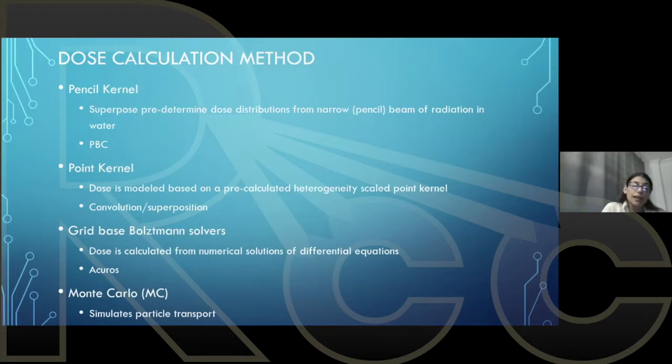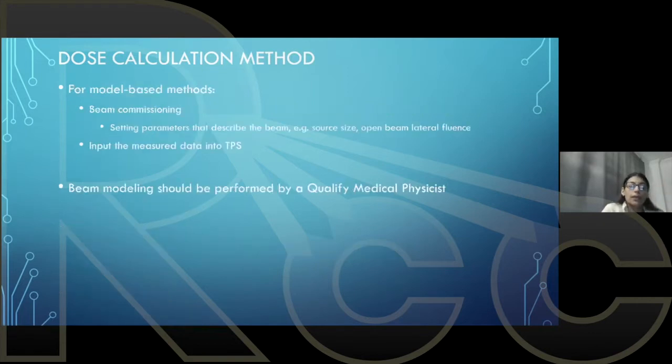And there is a newer one, the grid-based Boltzmann solvers, where the dose is calculated from numerical solutions of differential equations. An example is Acuros from Varian. And then we have the Monte Carlo, which of course is the most accurate one because it simulates the particle transport.